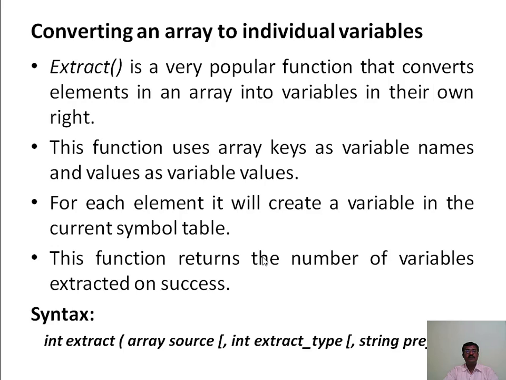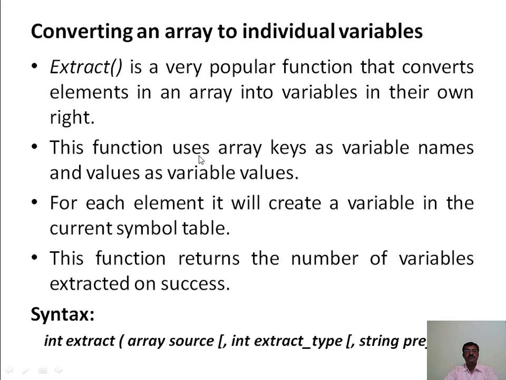Converting an array to individual variables. In PHP, it is possible to convert the elements of an array into individual variables. That can be done with the help of the extract function. Extract is a very popular function that converts elements in an array into variables in their own right.